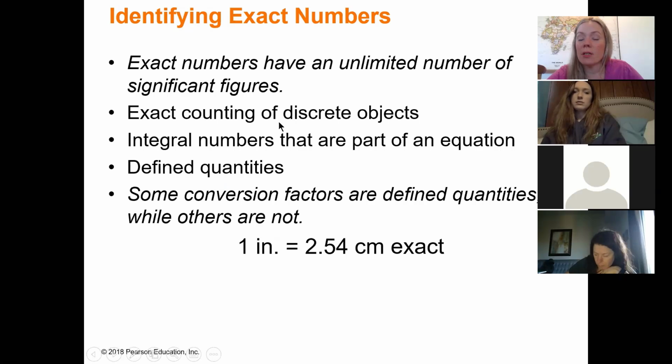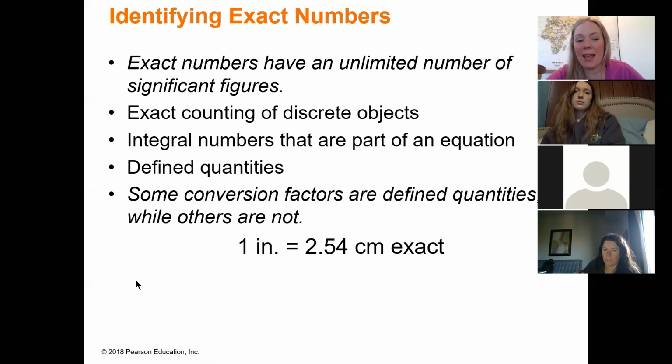So exact numbers have unlimited sig figs. Anytime we count discrete objects, like for instance, there are 3 students, I counted 3 students. I can't get better at counting that or more precise. Same thing with most conversion factors. Most equivalencies, like 1 inch equals 2.54 centimeters, that's precise, that's exact.